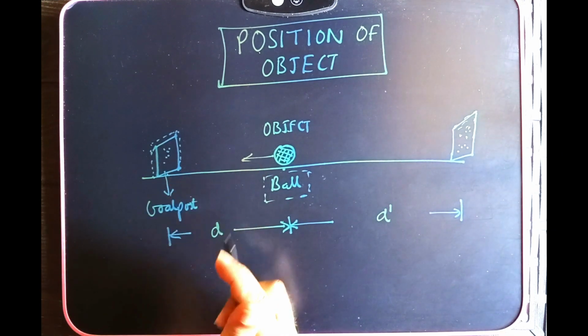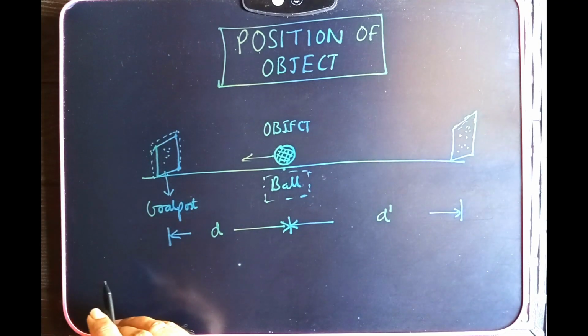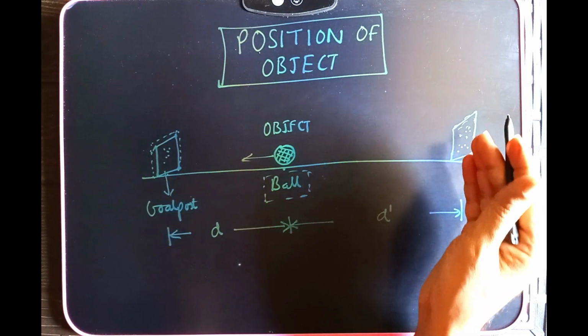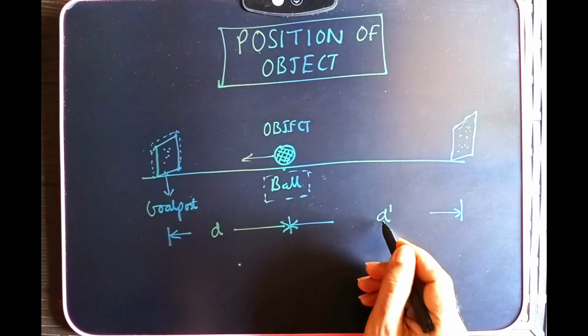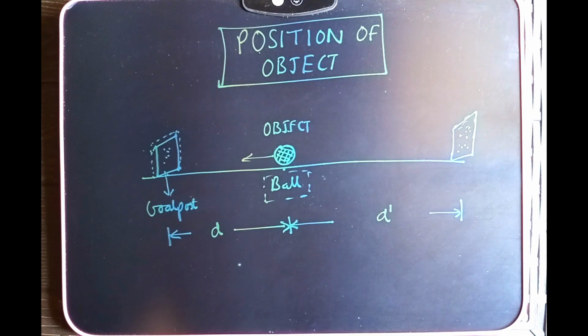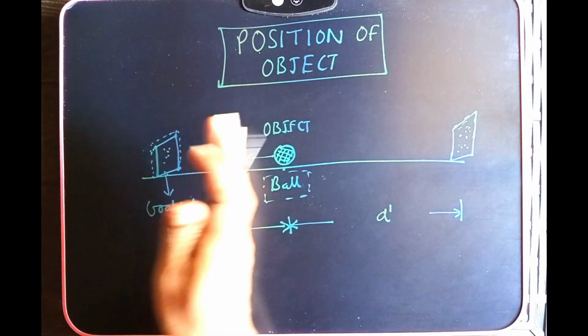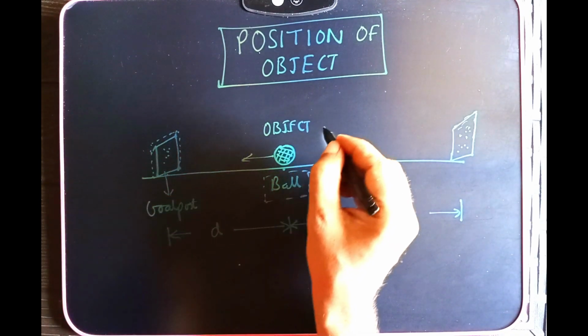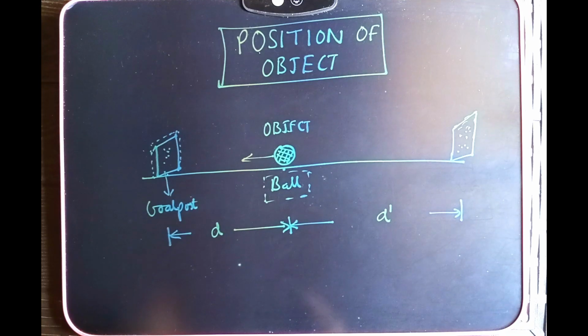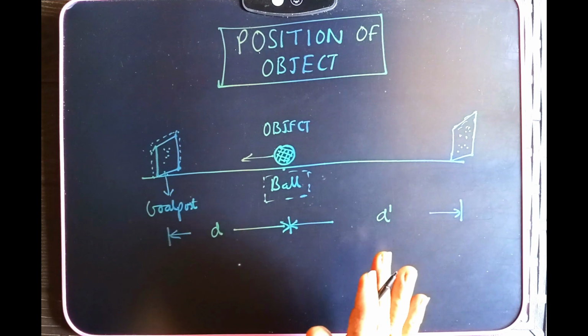On the left side, there's a distance d from the goalpost on the left, and with respect to the goalpost on the right, it has a distance of d dash. So as we noticed here, we need a reference point to identify the position of the object, right? So is this clear?